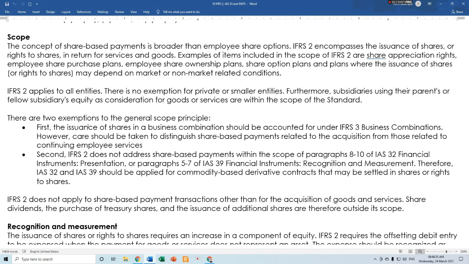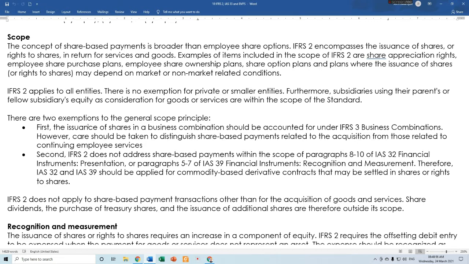Okay, so examples of your share-based payments also include yung share appreciation rights. Pag sinabi natin share appreciation rights, yan yung parang utang yung lalabas. Yung recognize tayo ng liability based on the increase in the value of our company shares.